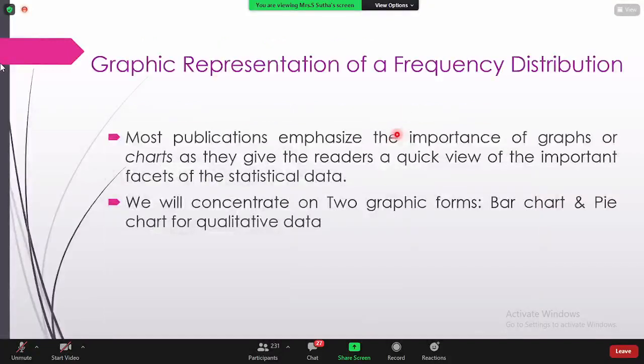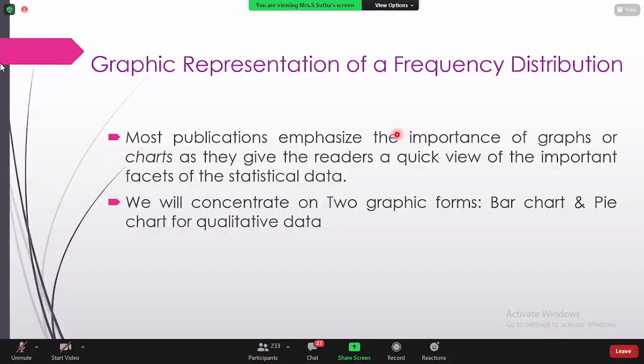Now we are looking at how, for qualitative data, we can represent the frequency distribution via graphs. In most publications, they stress the importance of graphs, since rather than looking at tables, graphs help readers quickly view the important facts of the statistical data.